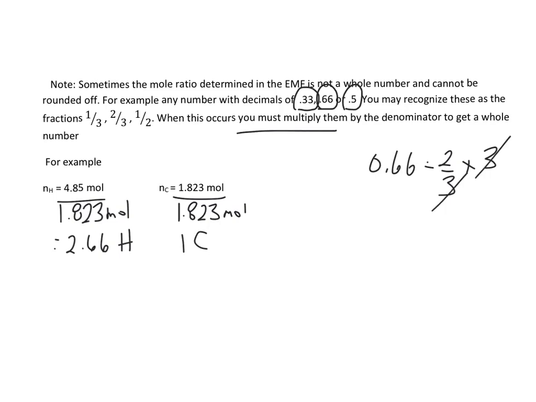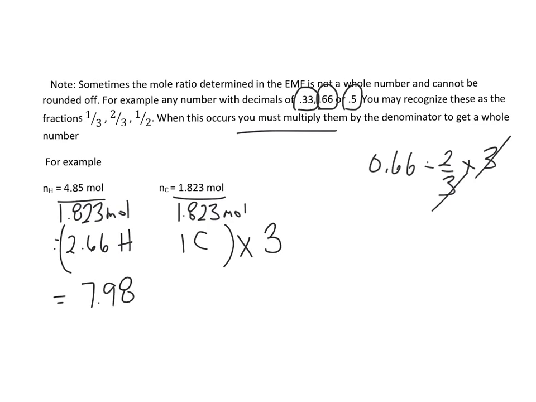You can't just multiply one of the mole ratios by the number, though. You have to multiply both of them. So I'm going to take this and multiply by 3, because that's my denominator. So 2.66 times 3 is 7.98.